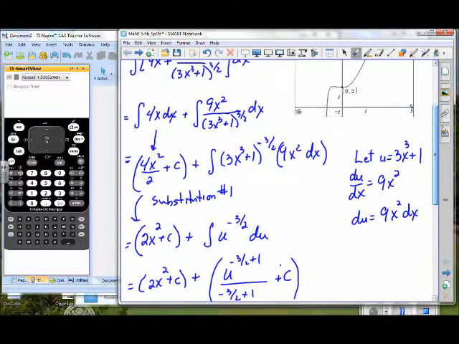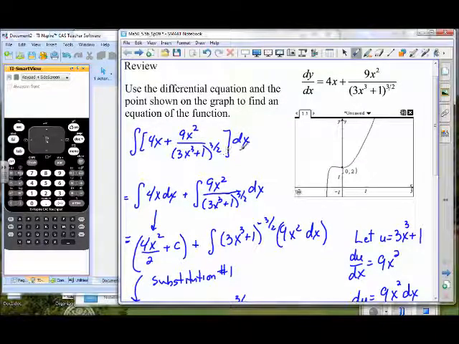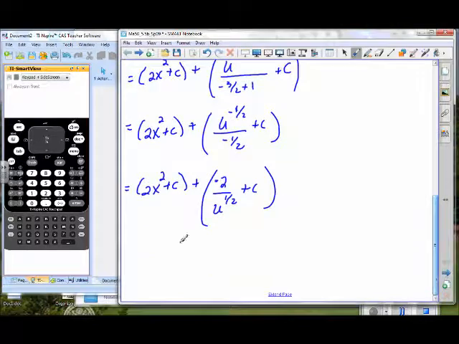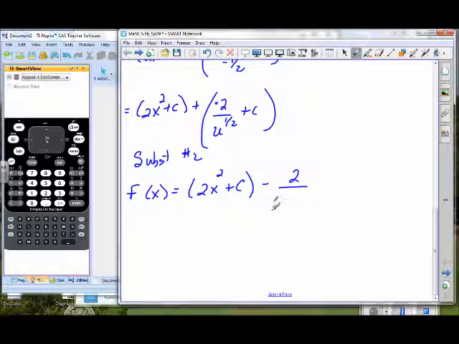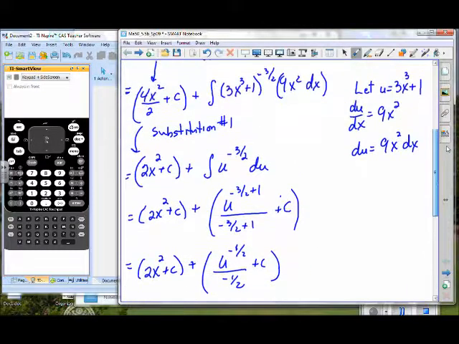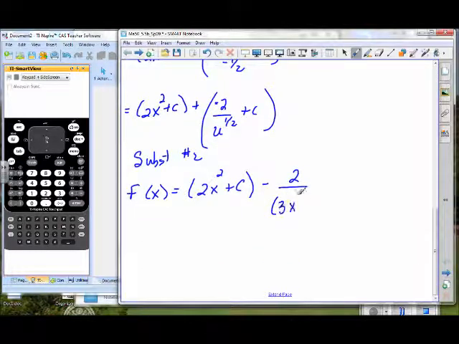Now, the original problem is in terms of x, so we need to go back and make sure that with our differential x we have an antiderivative in terms of x. So we do our substitution number 2 here, and this is going to give us that our antiderivative is 2x squared plus c minus 2 divided by, now let's go back up, u represented 3x cubed plus 1, so we're going to come back down and put that here, 3x cubed plus 1 plus c.